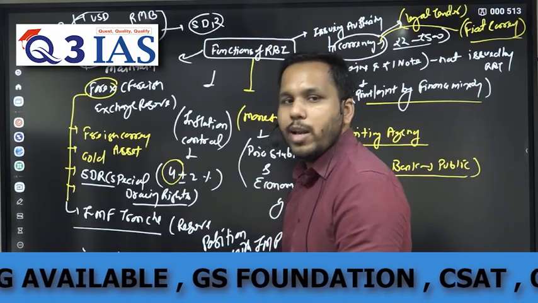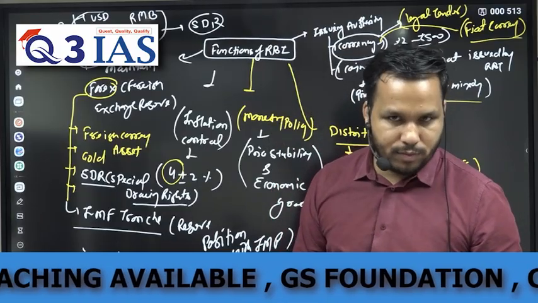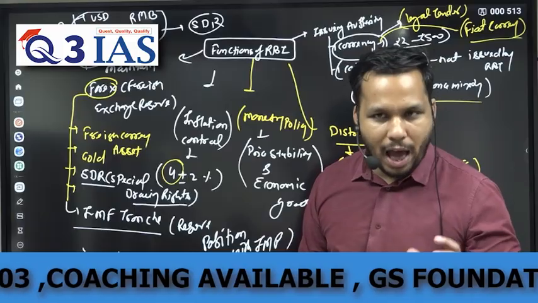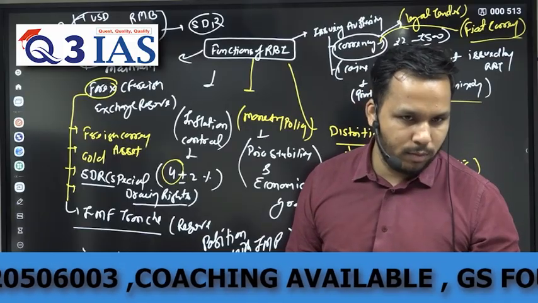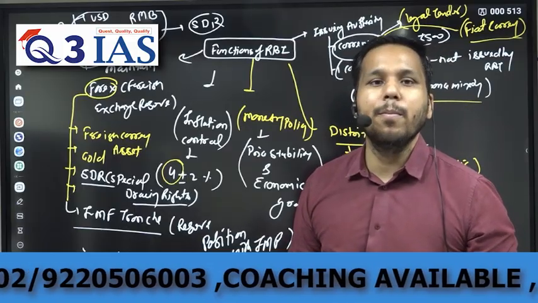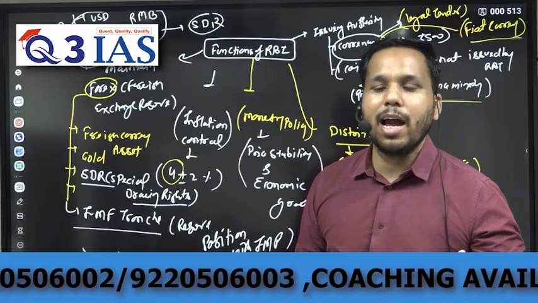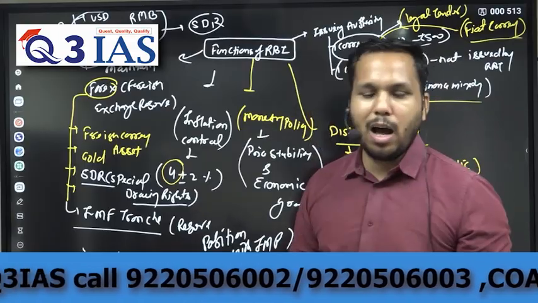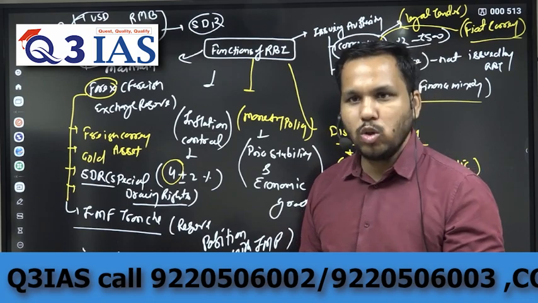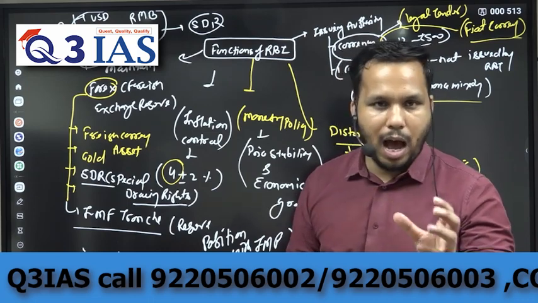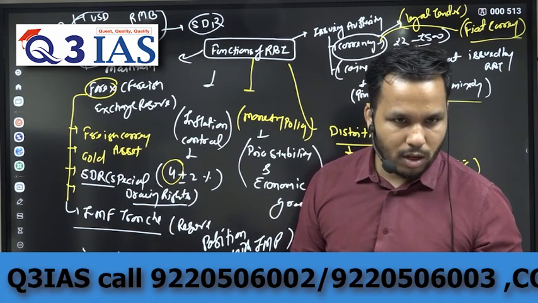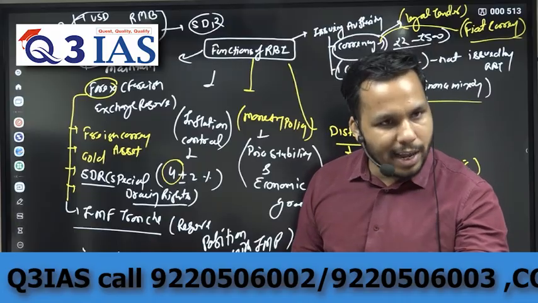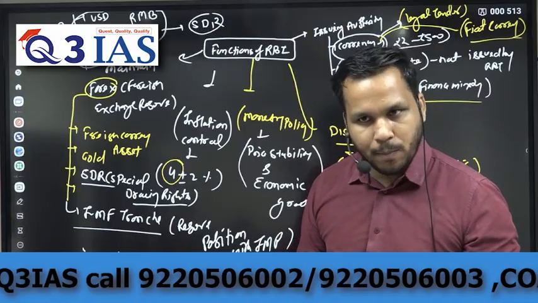Suppose when you become a member of IMF, you have to deposit some amount to get a membership. That is a kind of membership fee. When you deposit that amount, that is known as IMF quota, which gives you some share in IMF. Is it clear?